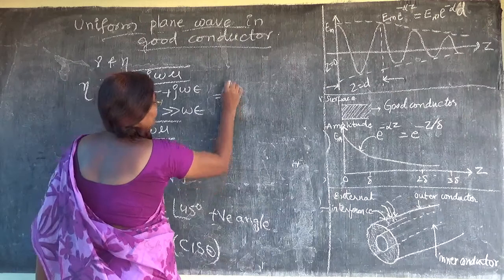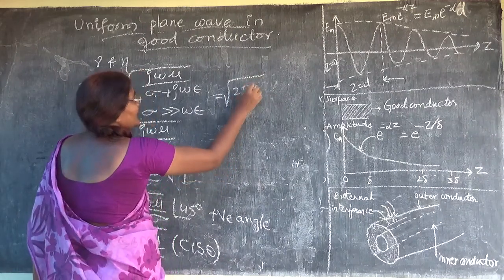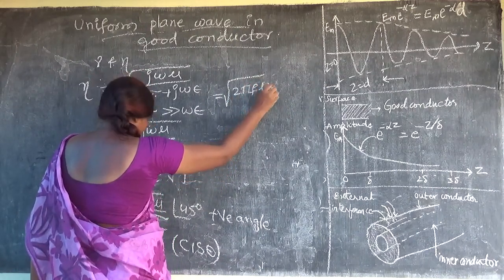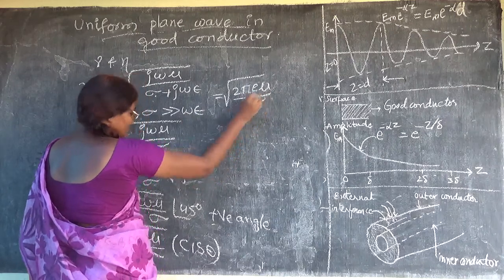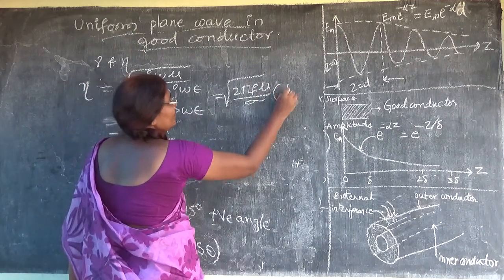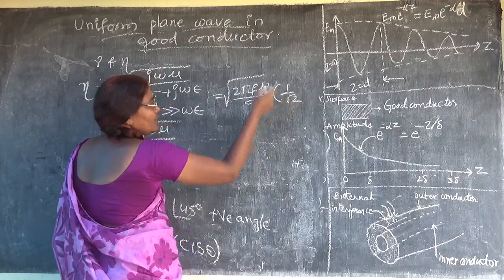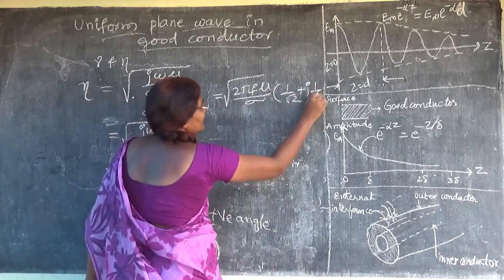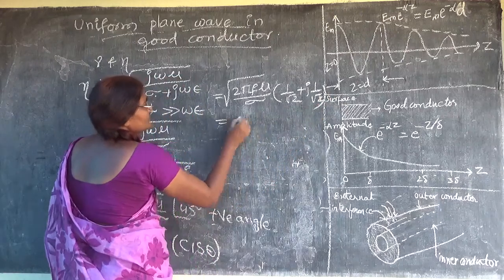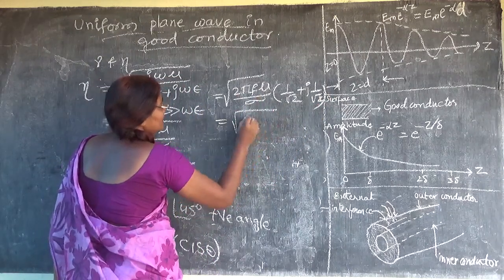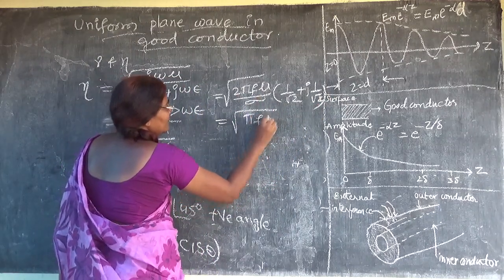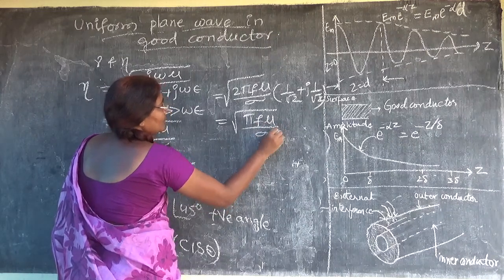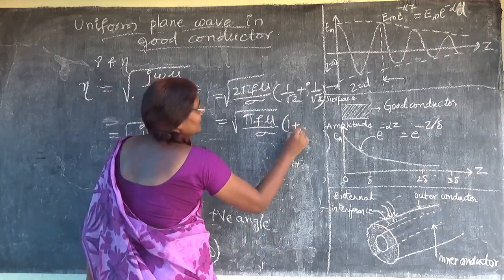I will get root of 2 pi f mu by sigma into 1 by root 2, that is cos theta plus j sin theta, 1 by root 2 plus j 1 by root 2. So root 2 will be cancelled. My answer is root of pi f mu by sigma into 1 plus j.